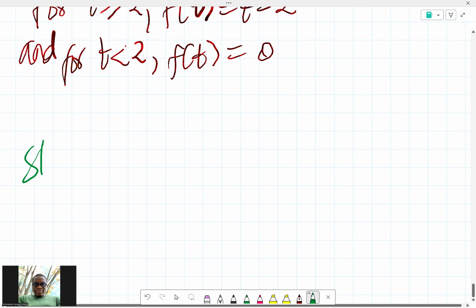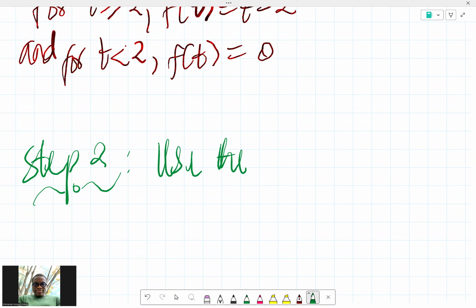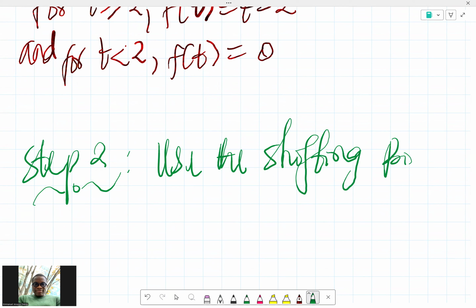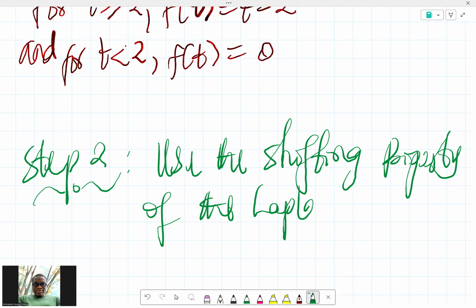In step 2 now, we use the shifting property of the Laplace transform. That's one of the properties we had seen, I think, in the second video in this playlist on Laplace transform.